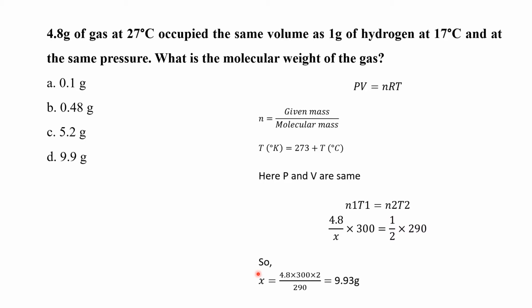So from this we can calculate X = 4.8 × 300 × 2 / 290, which is equal to 9.9 grams. So the correct answer is D.